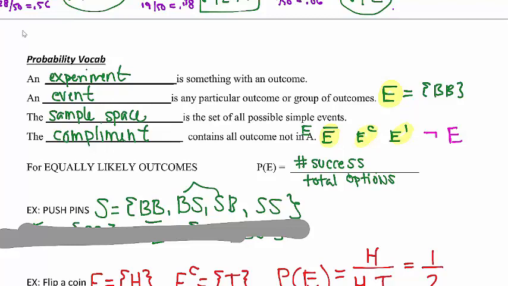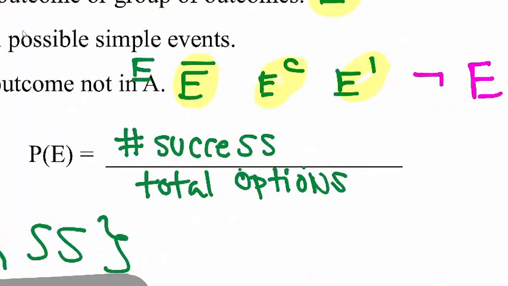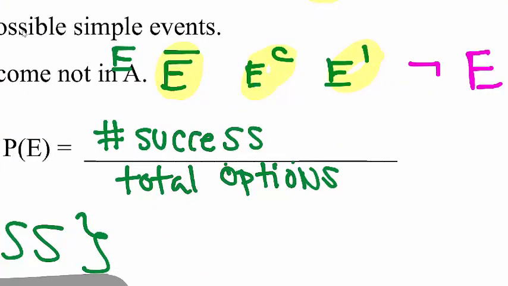So for equally likely outcomes, the probability of an event happening is the number of successes divided by the total options. Every time we roll those thumbtacks, it's the same probability each time. It doesn't change, like magically they change weights and now you're more likely to land on the back.